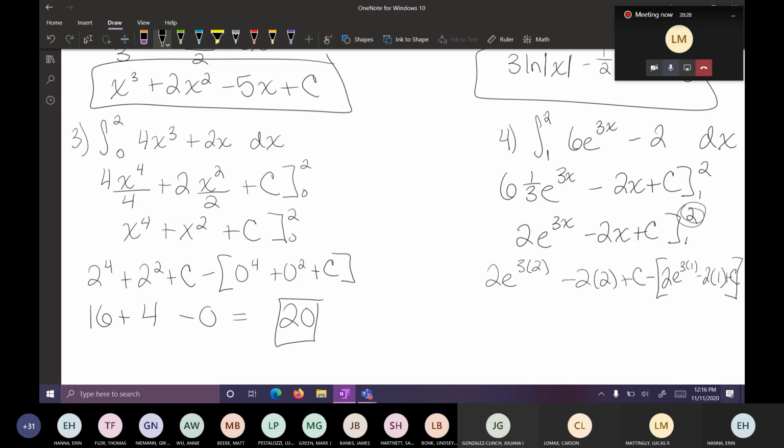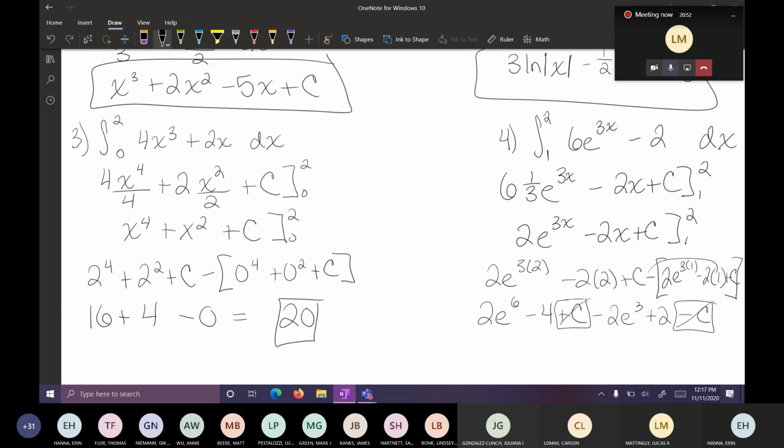I don't think I ever did this out in full generality because I'm just so used to it that I forget. Here, technically, we have the 2e to the 6 minus 4 plus c, minus 2e cubed plus 2, because we have to distribute the negative, and then minus c. So the c's always end up canceling each other out.